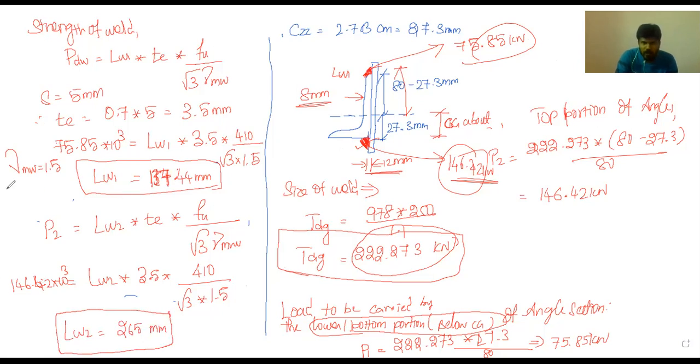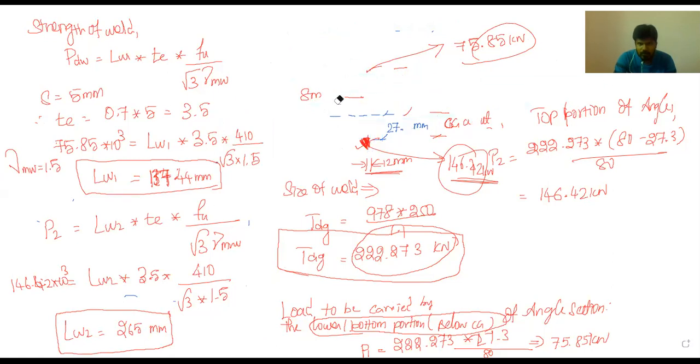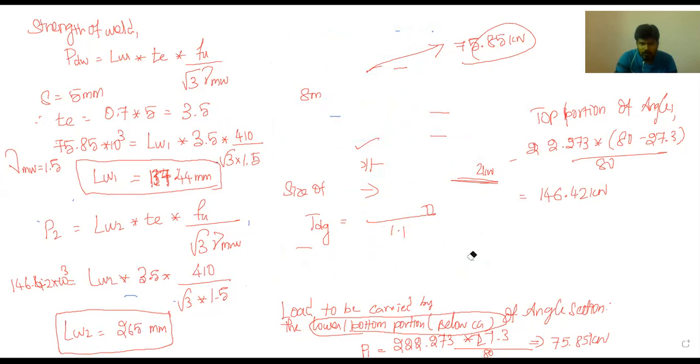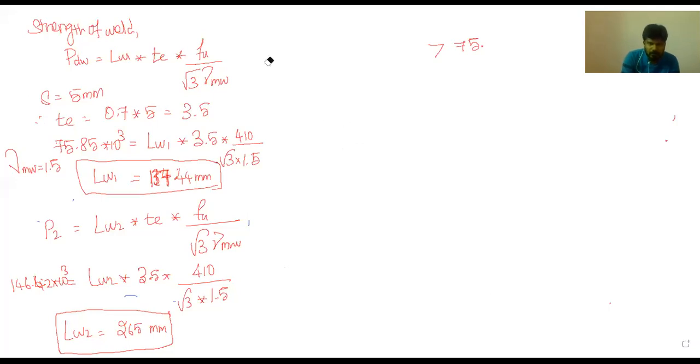So now we have to draw the diagram. This is our gusset plate and this is our angle section.